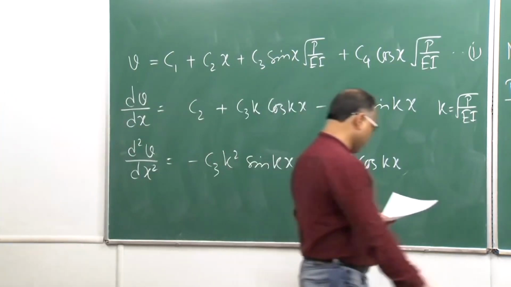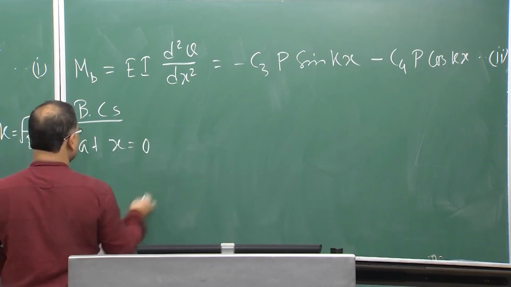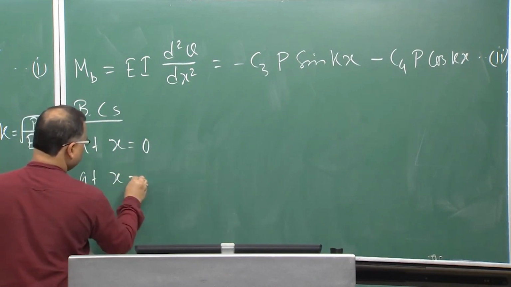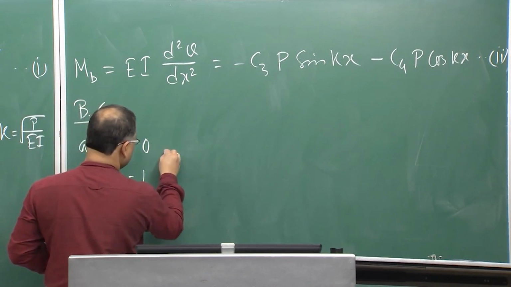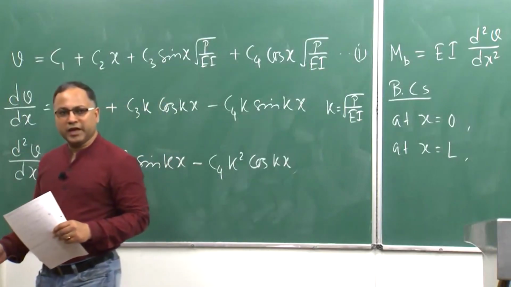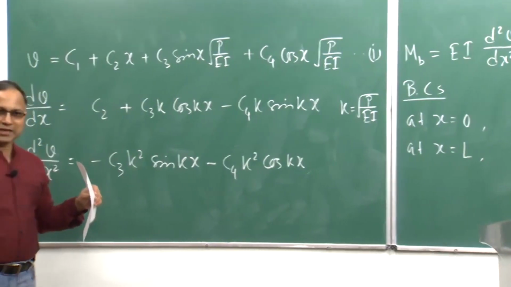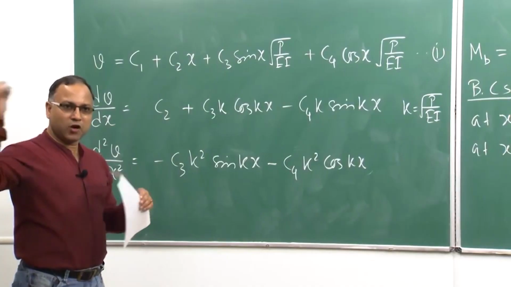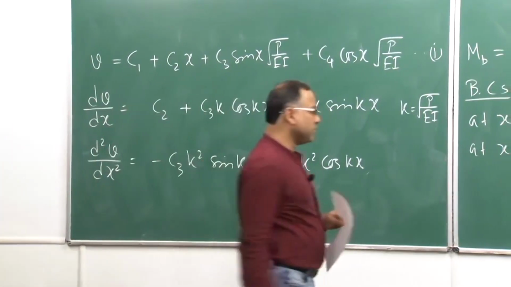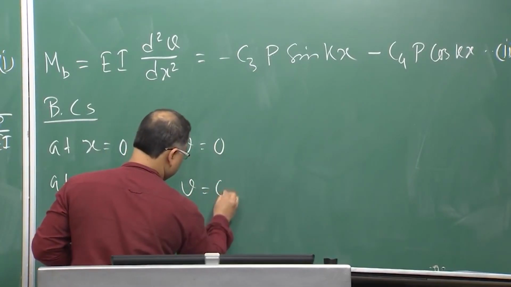In the beam, at x equal to 0 and x equal to L, v is 0 because both ends are hinged. So, there cannot be any deflection; v is 0 at both locations.